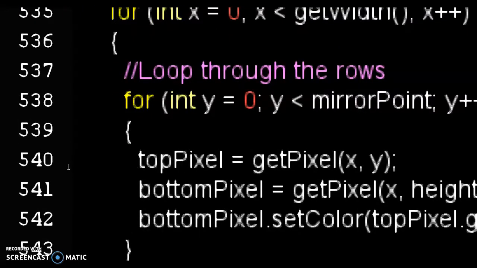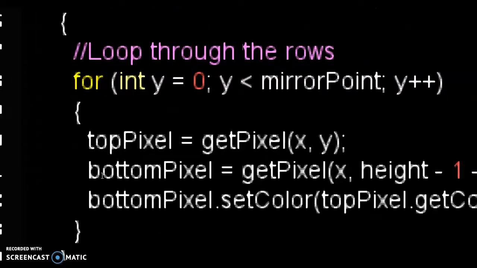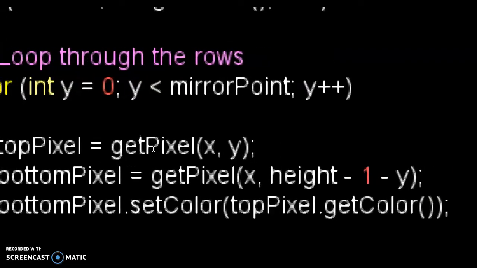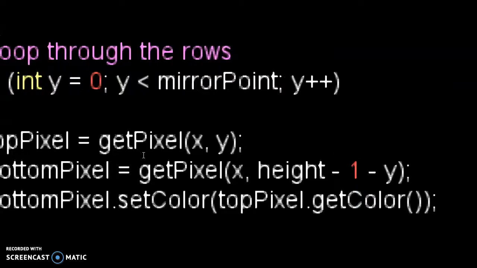Then the body of this begins on 540 with top pixel equals get pixel, which is not plural because we're using a 2D approach, and the parameter list is the specific coordinates, x, y. Next, we have our bottom pixel, which equals get pixel x, height minus 1 minus y.